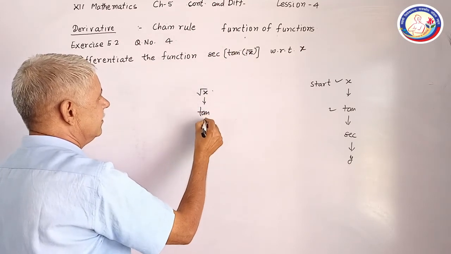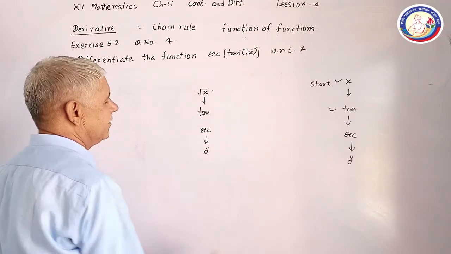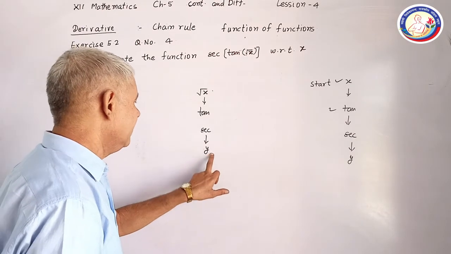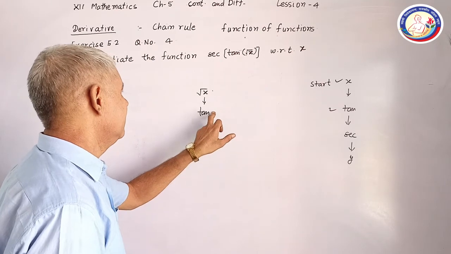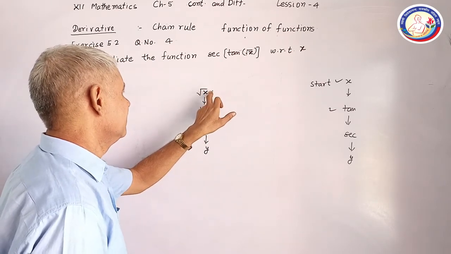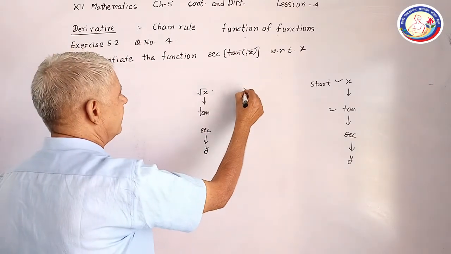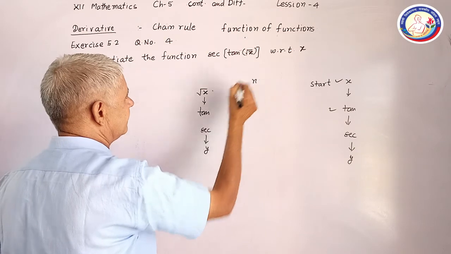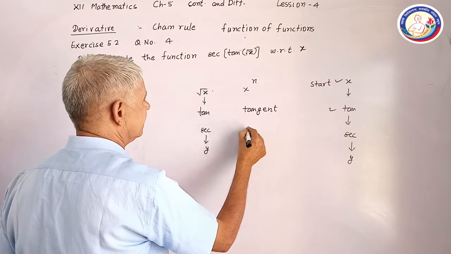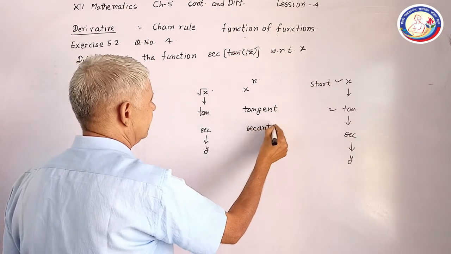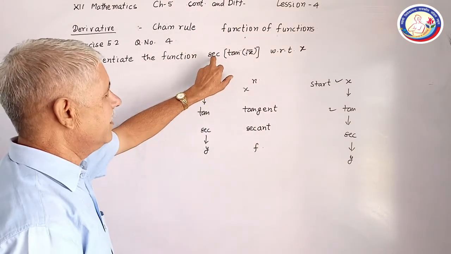So root x, tangent, secant, and then we reach the original function y. y is a function of sec, sec is a function of tangent, and tangent is a function of x with power 1 by 2. It is in the form of x raised to power n. This is tangent, this is secant, and this is our function f. We denote it by f.